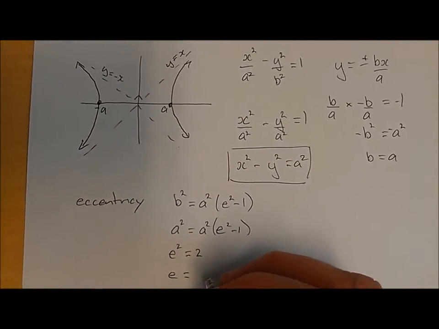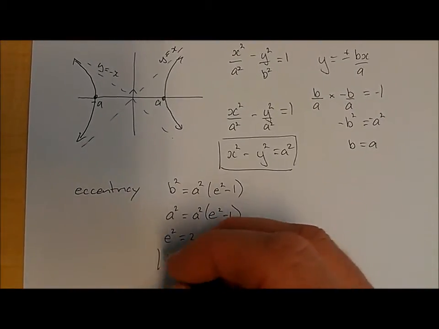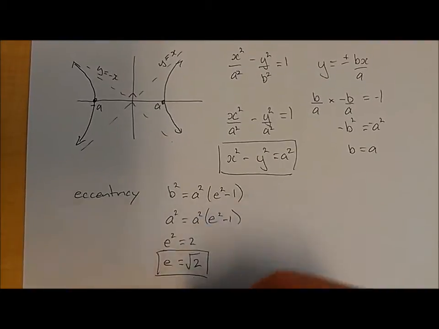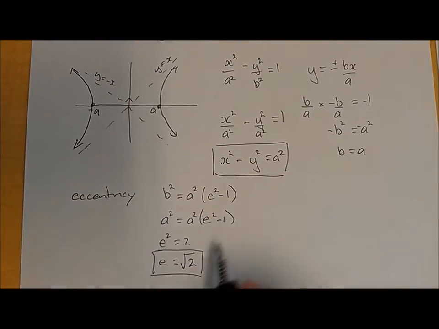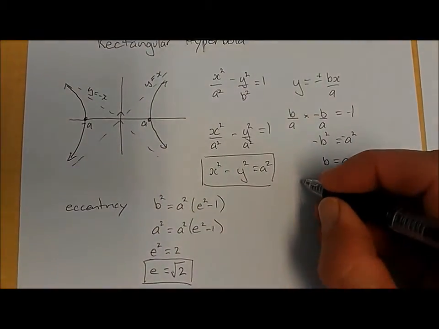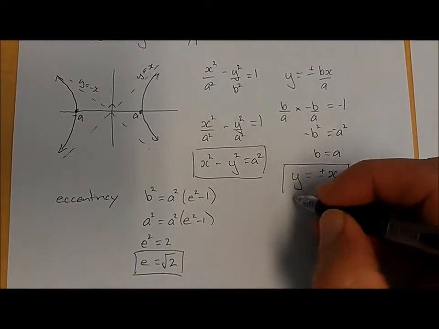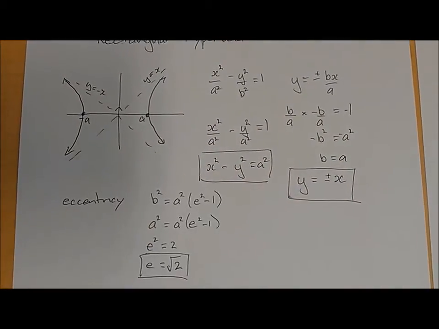In other words, e is equal to the square root of 2. So this is the eccentricity for any rectangular hyperbola that's going to hold. So I now have this new set of equations with the asymptotes now y equals plus or minus x, and we need to know these things.